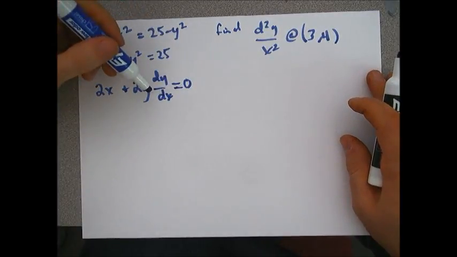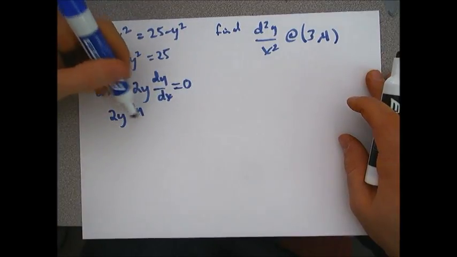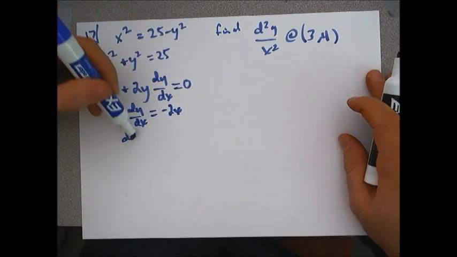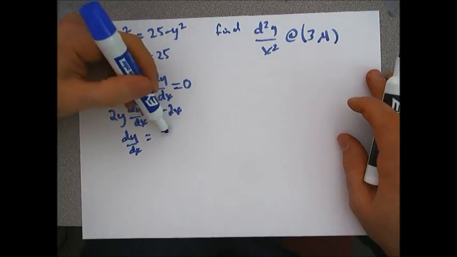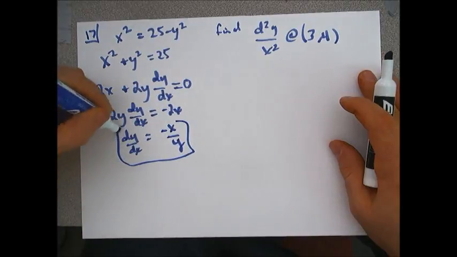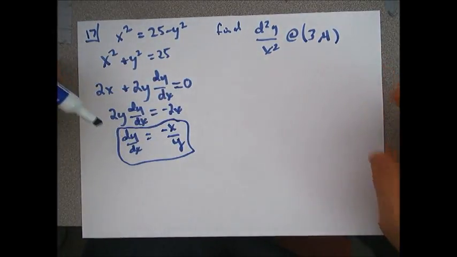I want to get dy dx by itself, so subtract 2x: 2y dy dx is equal to negative 2x. dy dx is equal to, I'm going to divide by that 2y and cancel out, so negative x over y is dy dx.